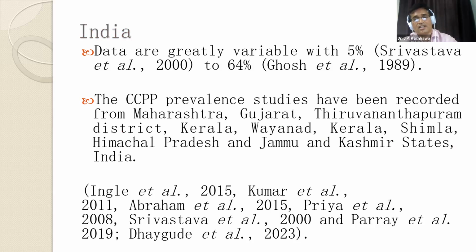The disease in our country has been reported from many states like Tamil Nadu, Maharashtra, Gujarat, Kerala, Himachal Pradesh, Jammu and Kashmir, Rajasthan, by different workers. So this is not a new disease in our country, and some sporadic cases have been reported in different parts of different states.